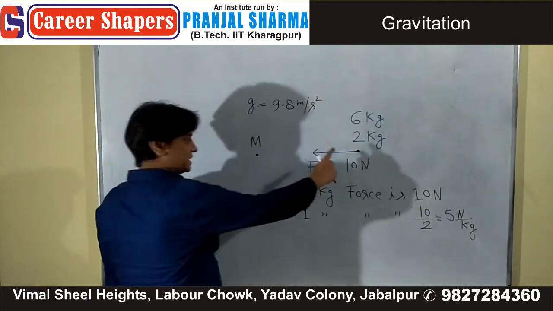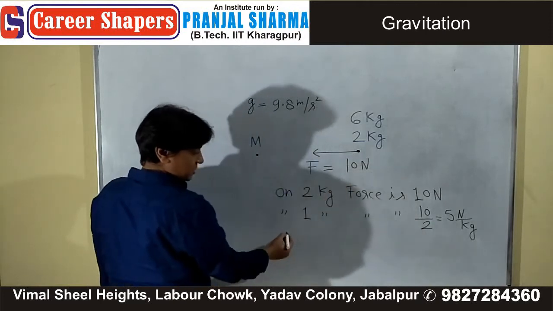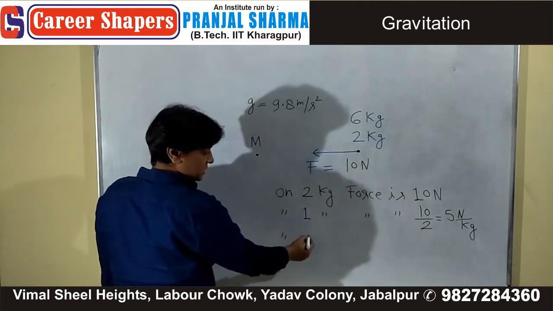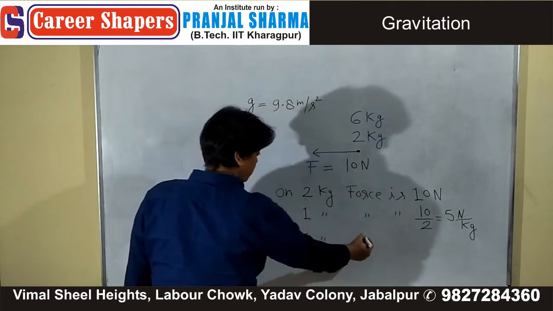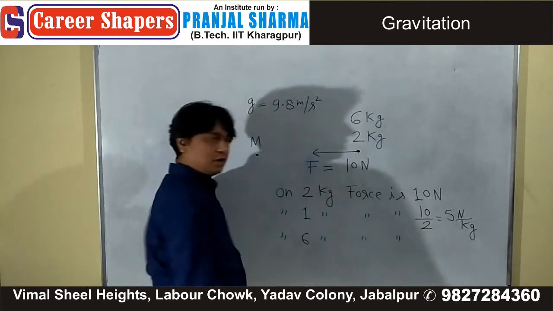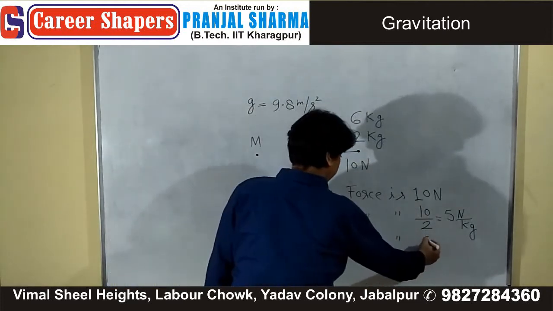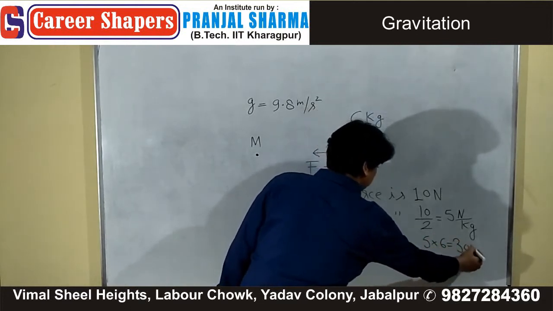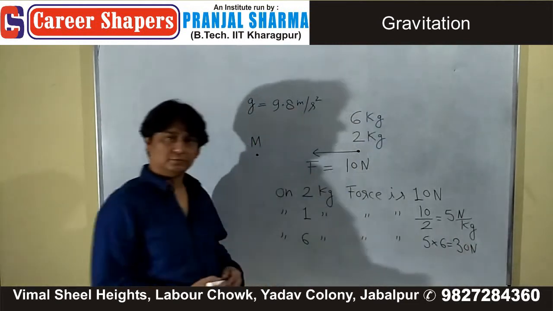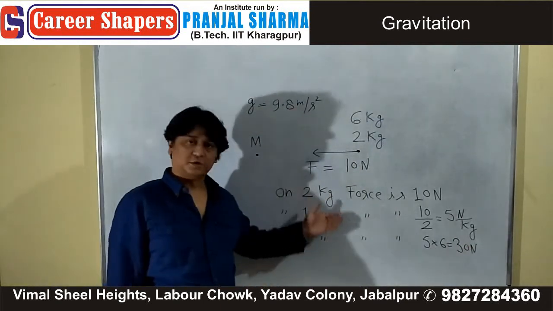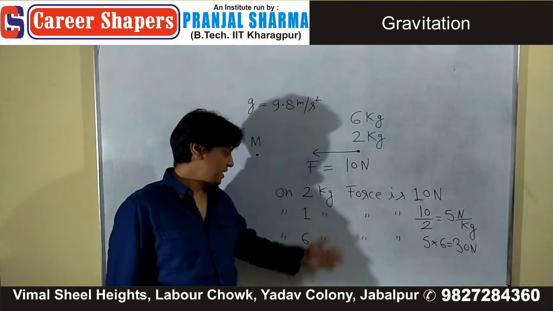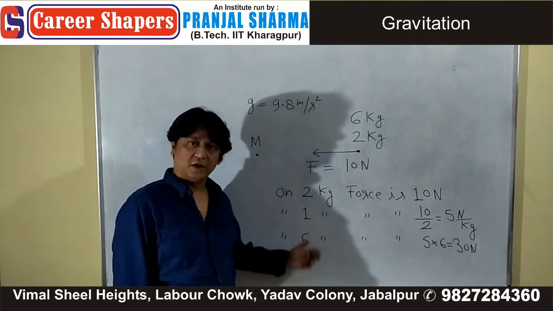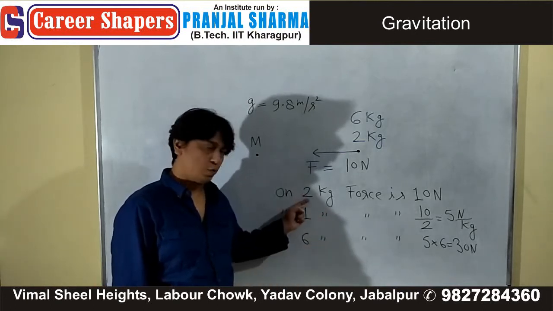If you place 6 kg at this point, then on 6 kg, force will be simply 5 into 6, which is coming as 30 newtons. This is the process which you are going to use for finding force on 6 kg if they are giving you force on 2 kg.